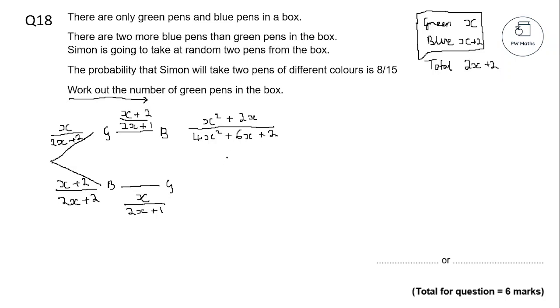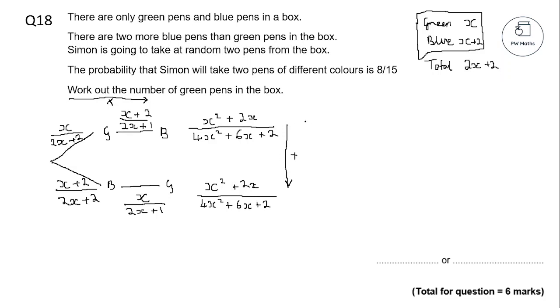And then we'll go across the bottom of this tree diagram. X plus 2 times x, well, x times x is x squared, plus 2x, and that's all over 4x squared plus 6x plus 2. It's the exact same sum on the denominator of this fraction. As I go across the page, I times the fractions, and as I go down the page, we always add, and or probability.